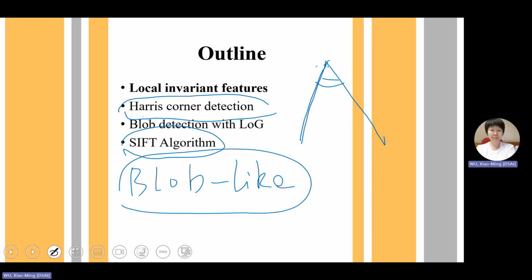So we do edge detection based on what? What are used to capture changes in the image pixel values?